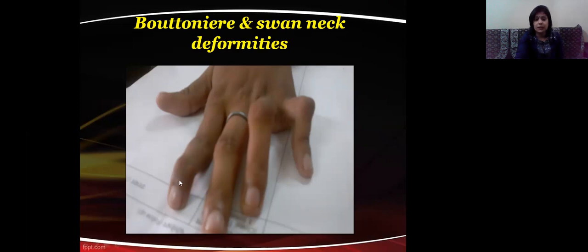Here there is flexion of the distal interphalangeal joint and hyperextension of the proximal interphalangeal joint in swan neck deformity. Whereas in Boutonniere deformity, there is flexion of the proximal interphalangeal joint and hyperextension of the distal interphalangeal joint.